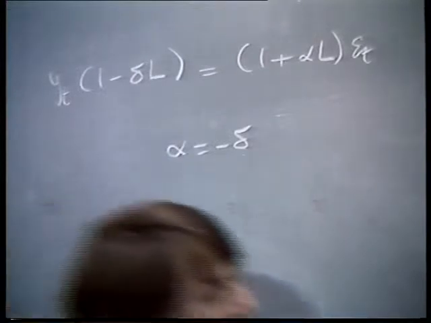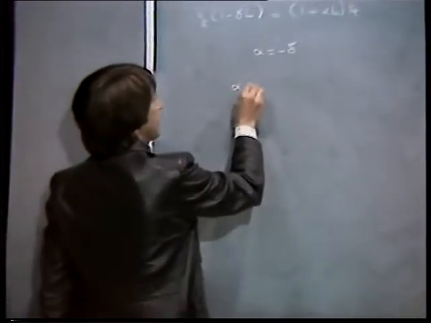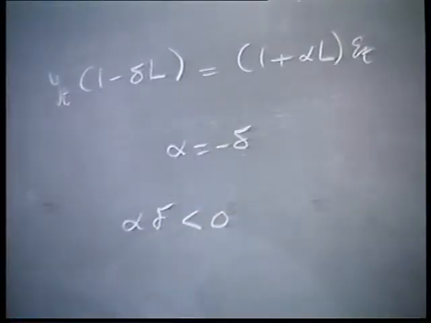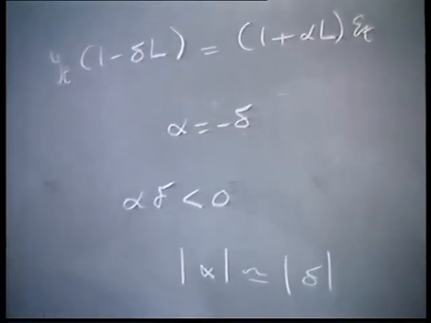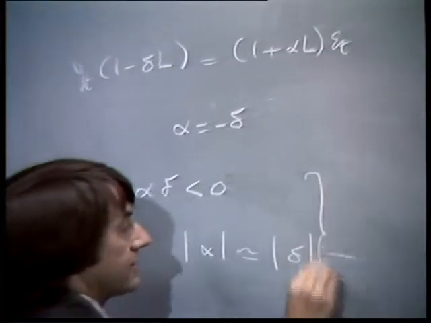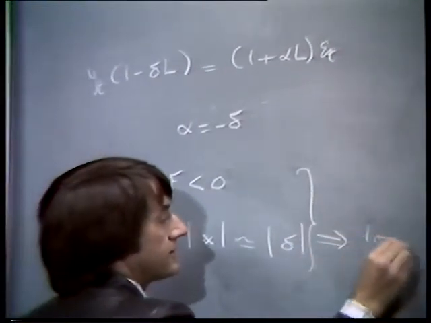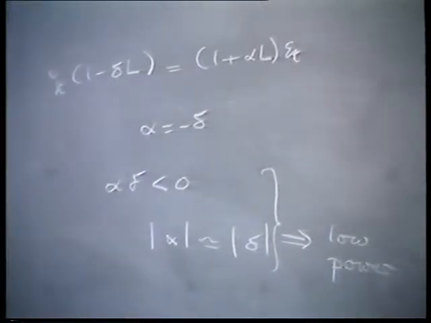And what's happening in this range of the parameter space is that alpha delta is negative, so that alpha and delta are of opposite sign. And whenever the absolute value of delta is close to the absolute value of alpha, then the result is that the likelihood ratio test statistic has got low power.